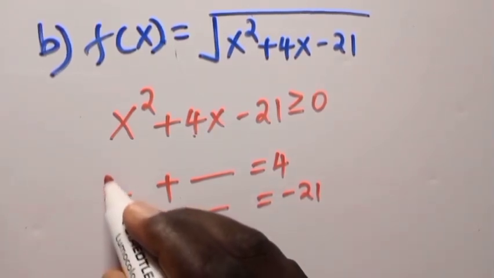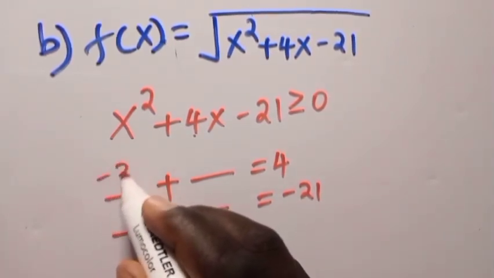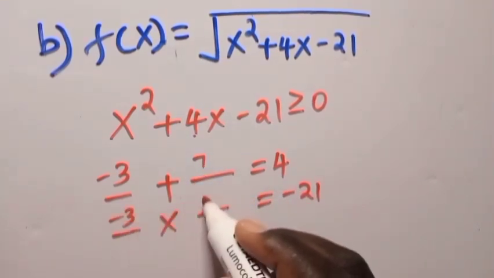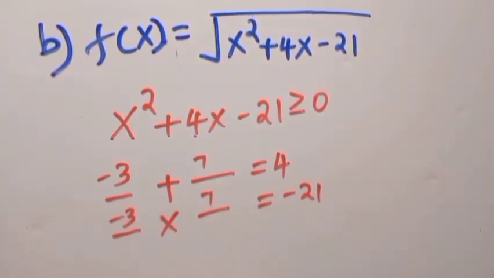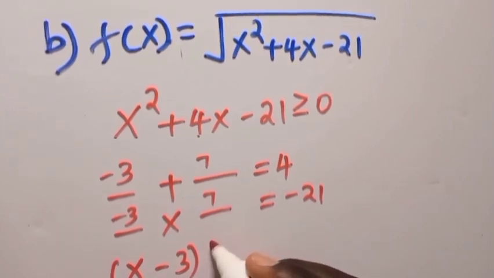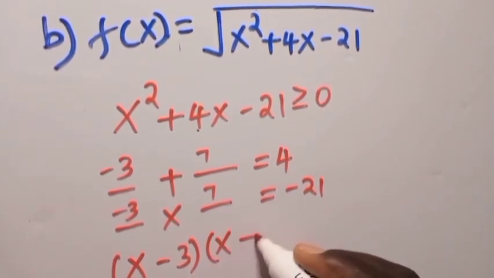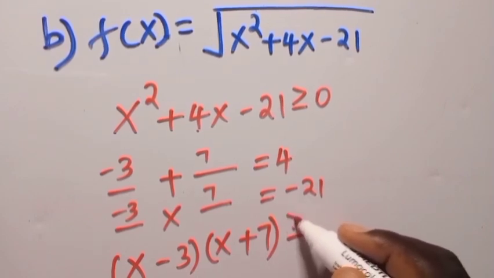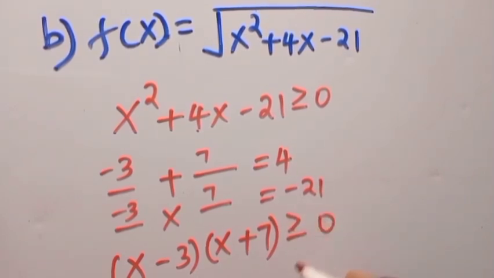The two numbers can be negative 3 and 7. That means we shall have x minus 3, then we close the bracket, then x plus 7, greater than or equal to 0.